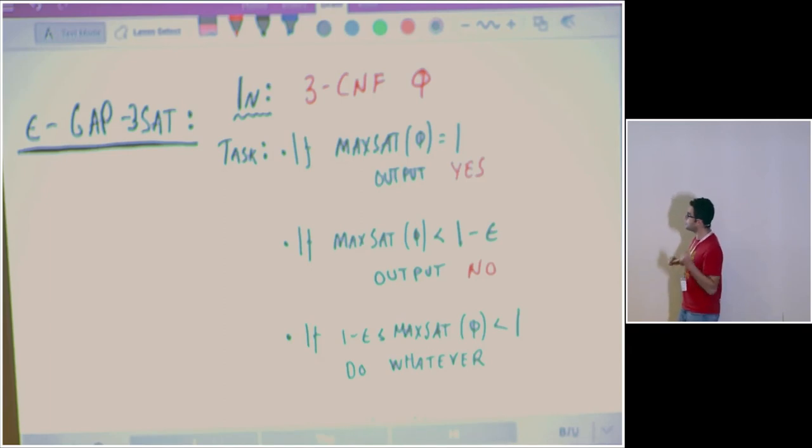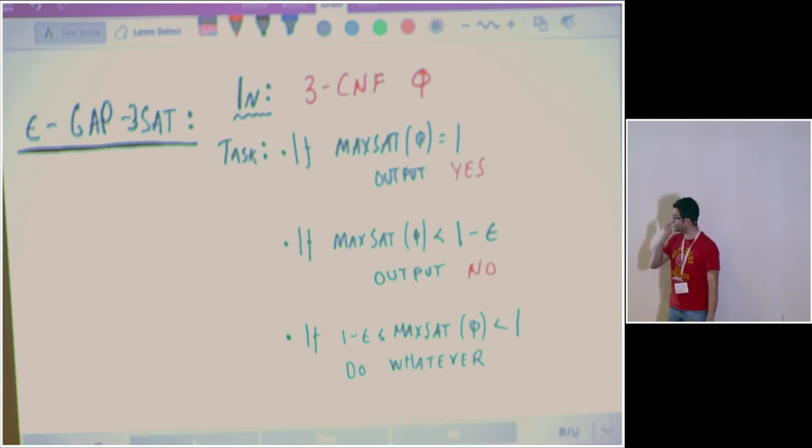If there is no way to satisfy more than a 1 minus epsilon fraction of the clauses, so no matter how you set the variables, at least an epsilon fraction of the clauses will stay unsatisfied, then you should say, no, this formula is not satisfiable.